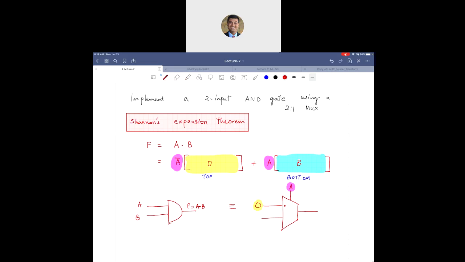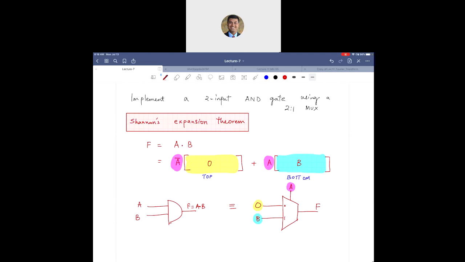And when A is 1, your bottom input goes through, which is B, and that would be F. That's it.